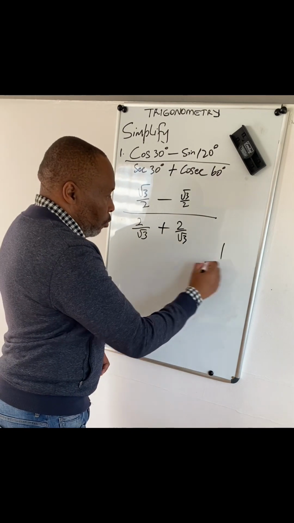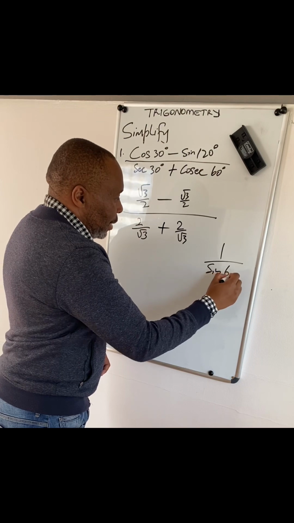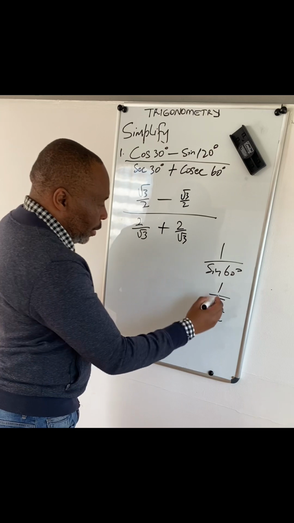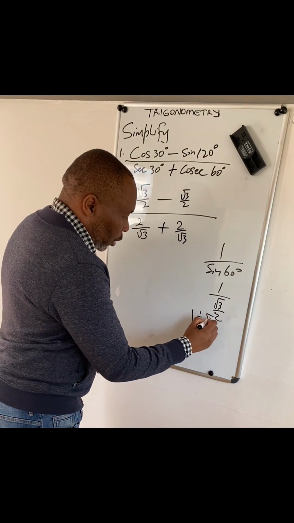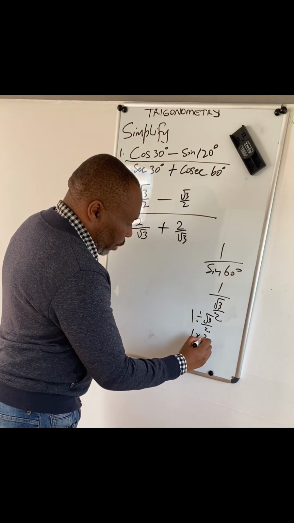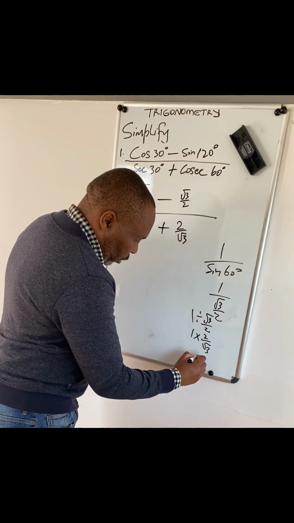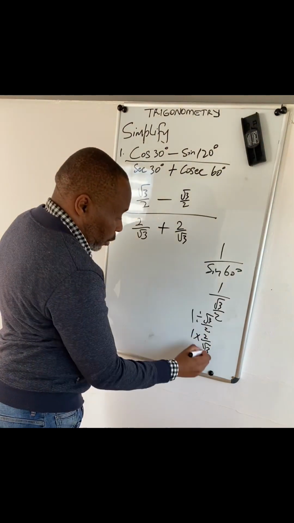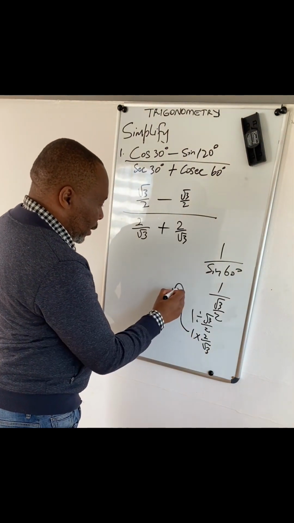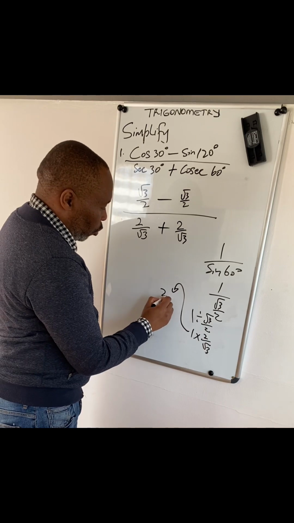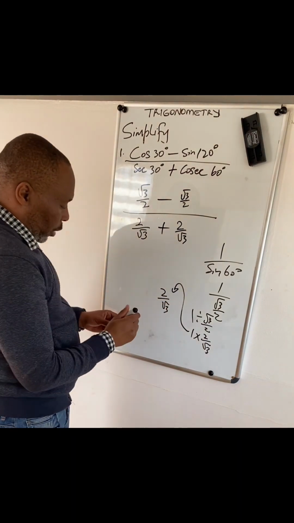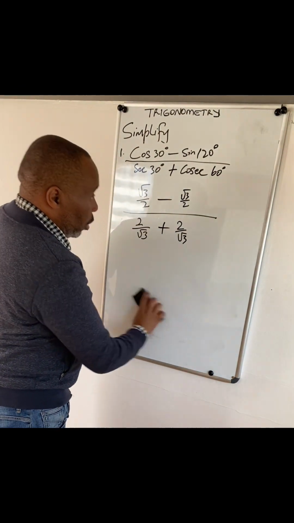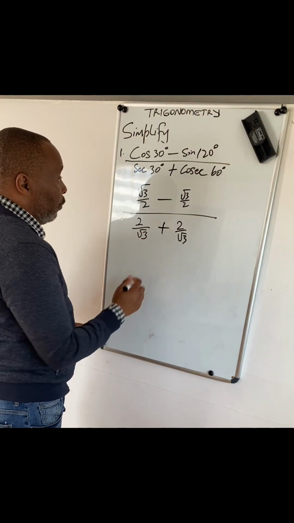Once again, 1 over sine 60 degrees is 1 over root 3 over 2, and 1 divided by root 3 over 2 is 1 multiplied by 2 over root 3. The answer is 2 over root 3, just as we did on this side. I thought I should show you where this is coming from. I don't want to leave you hanging.